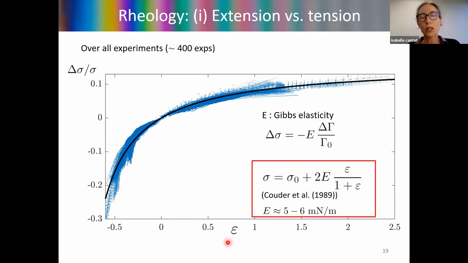Actually, it's not such a surprising result. It had been predicted by Couder and collaborators 30 years ago, and the theoretical prediction perfectly fits the data.